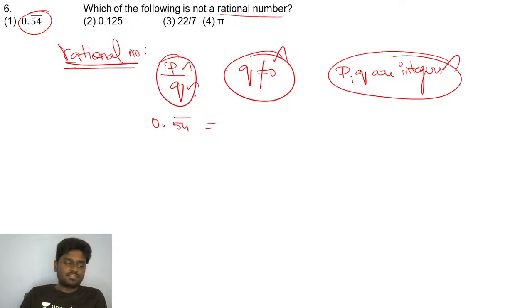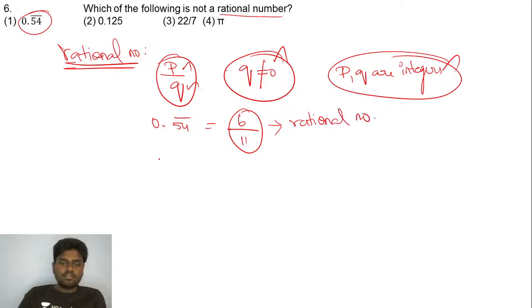This can be written as 6 by 11 approximately. That is, you just simply divide 54 by 100. It's going to give you 6 by 11. So 6 by 11 is actually a rational number.